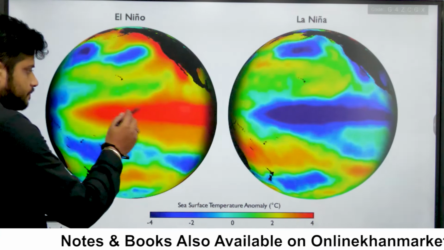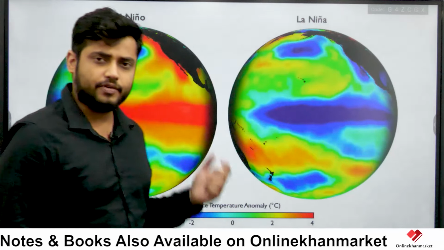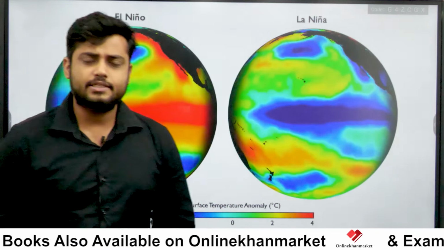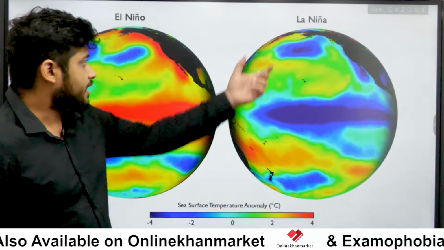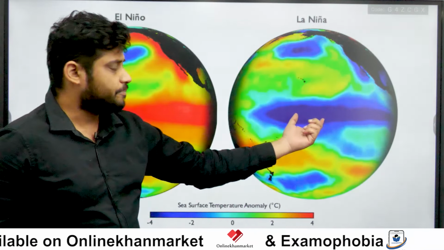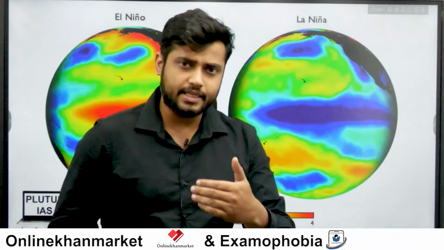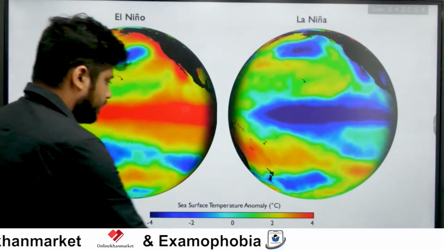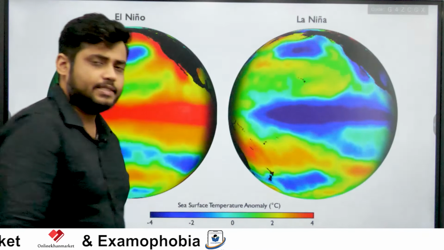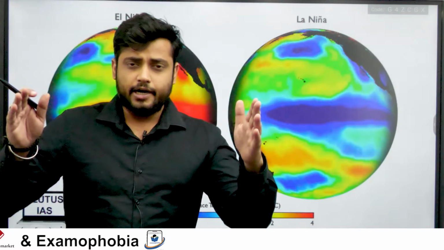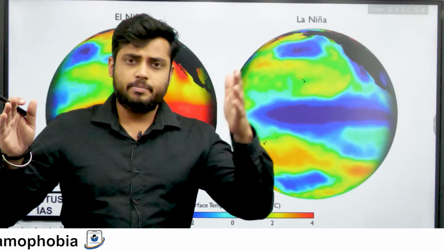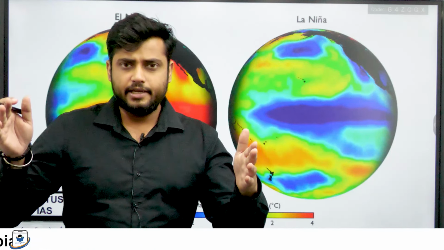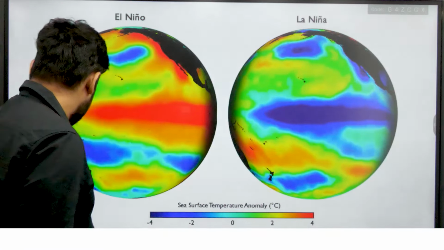See this red portion, it shows that the sea surface temperature is up to 4 degrees Celsius more than the average, and in La Nina, the sea surface temperature is less than the average value, up to 4 degrees Celsius. So there is a temperature difference of 8 degrees Celsius between the El Nino year and the La Nina year, at maximum.